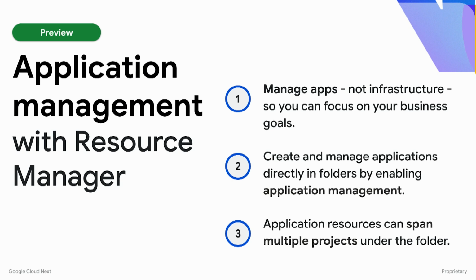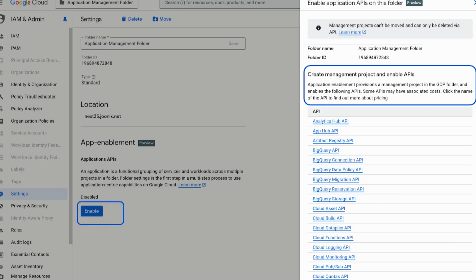So what you'll now be able to do is use folders directly in GCP and turn them on for application management. The way that looks is on the screen, if you go into the settings of any folder, you'll now see a new option called App Enablement. It's in preview starting today. You'll be able to mark that particular folder enabled for app enablement. A set of APIs relevant to the scenarios will automatically get enabled.